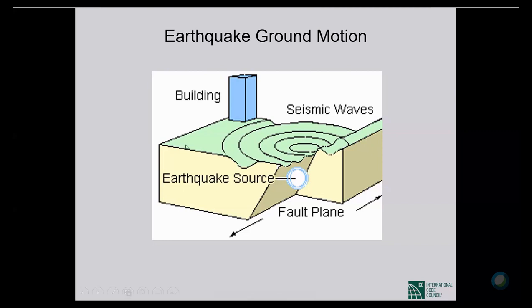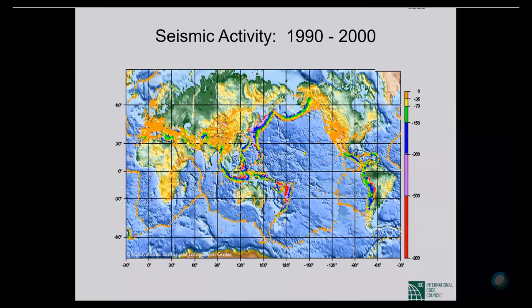Seismic waves propagate from the source, and the horizontal projection, if you like, of the waves is shown on the picture. And then the waves have a potential to affect buildings, move the foundations from underneath the buildings. So that's what we are pretty much looking at.